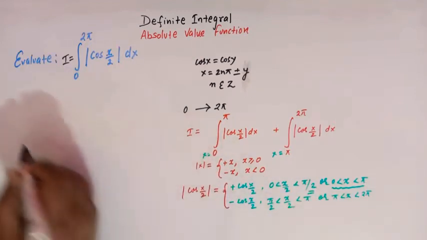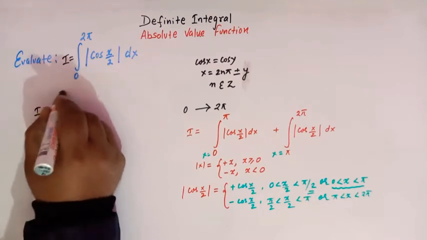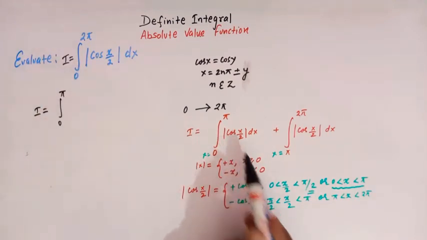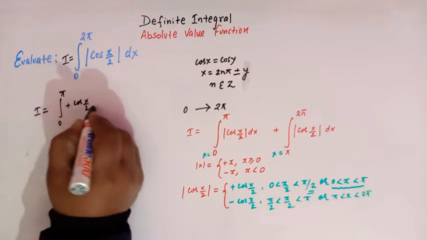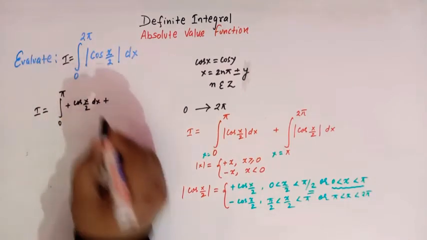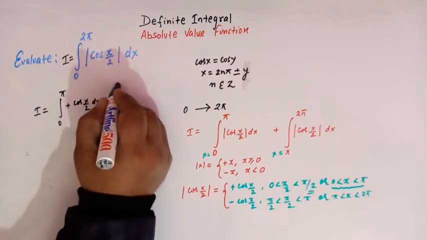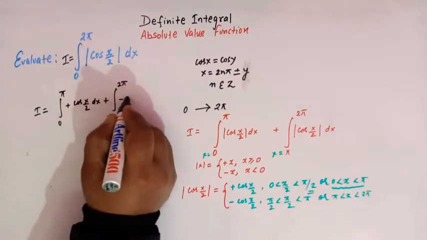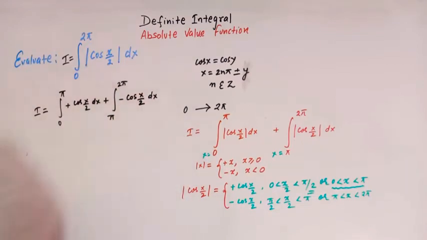So now viewers, once we have decided the sign of mod of cos x over 2 in these two intervals, we can write I as the integral from 0 to pi, and mod of cos x over 2 is positive here, and then we have the second integral, that is from pi to 2 pi, and here we have negative cos x over 2 dx, right?